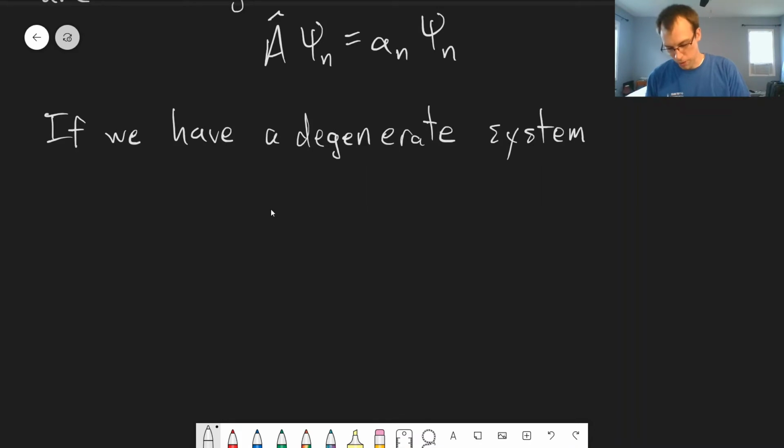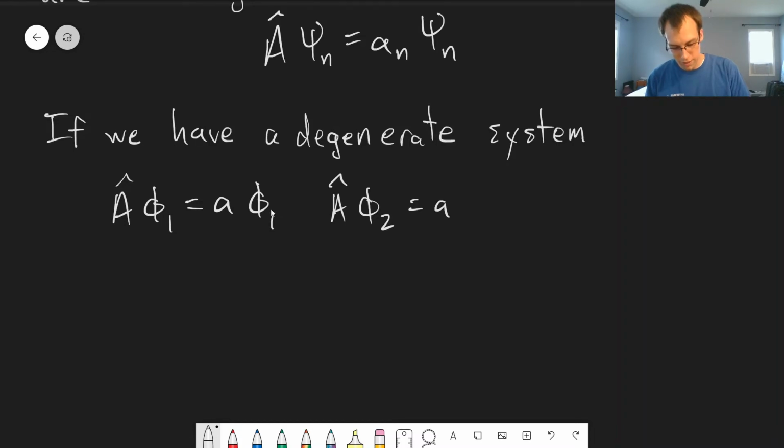So for example, we have operator A acting on wave function phi 1 gives us our observable A, and gives phi 1 again. But we have a different wave function, phi 2, that gives the exact same value. So this would be a degenerate system where we get the same A from both wave functions.